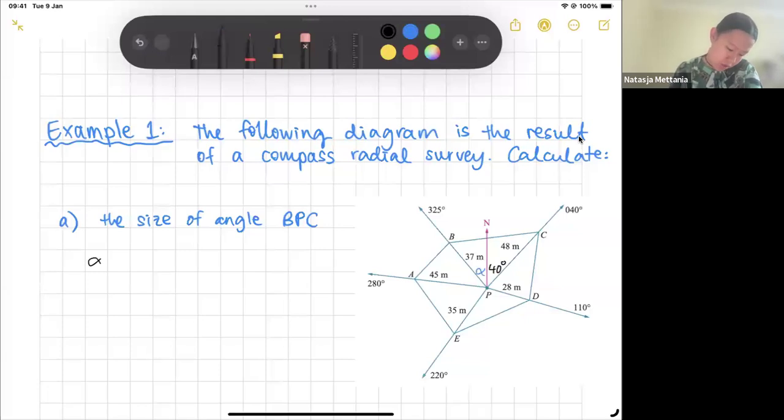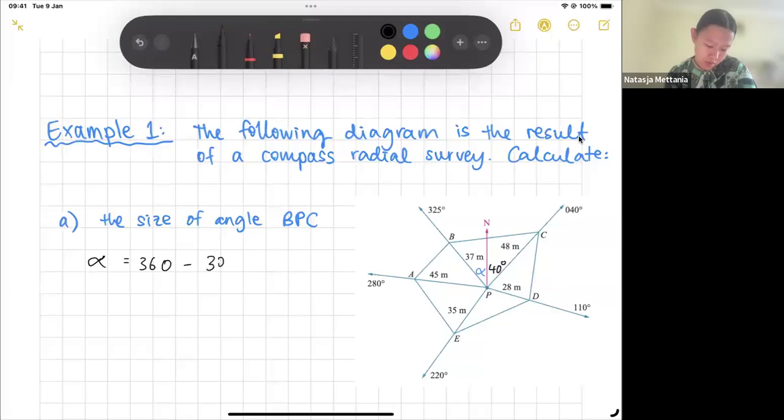To find alpha, I'm going to do 360 minus the true bearing of point B. The true bearing of point B is 325. If I minus it off of 360, then I can figure out what this small part is. Hopefully that makes sense.